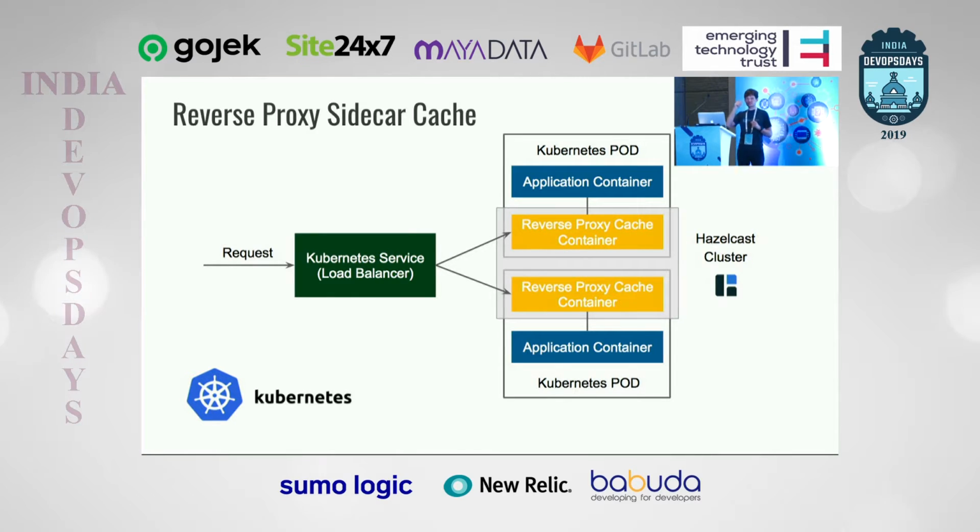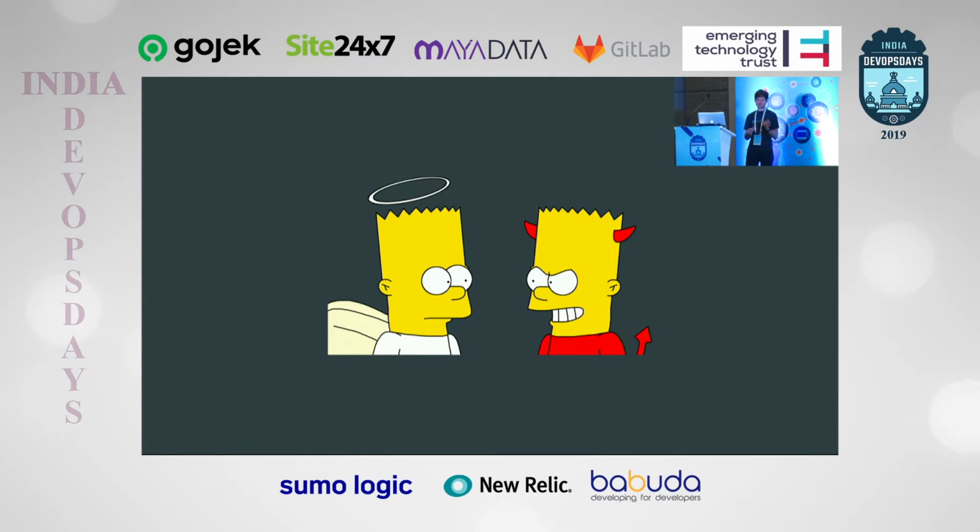So it passes the request to the application only if it cannot find the cached value. And again, the application does not even know that the cache exists. And this fact has some good and bad sides.